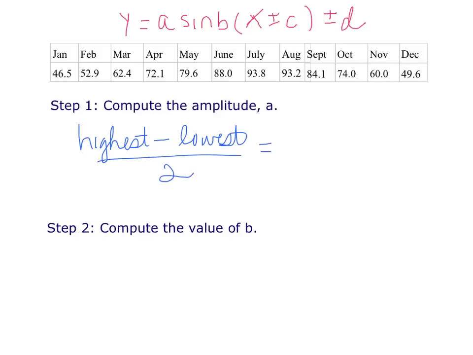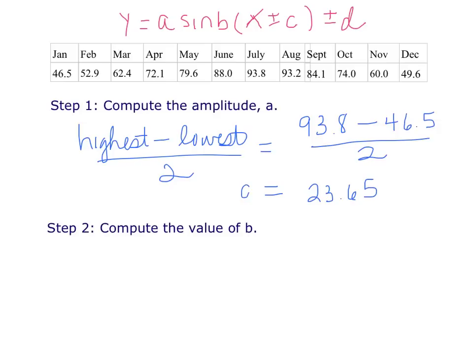The highest temperature is in July, 93.8. The lowest temperature is in January, 46.5, and divide that by 2. And we put that in our calculator. We're going to get 23.65, and that will be A. So we're going to keep track of that.